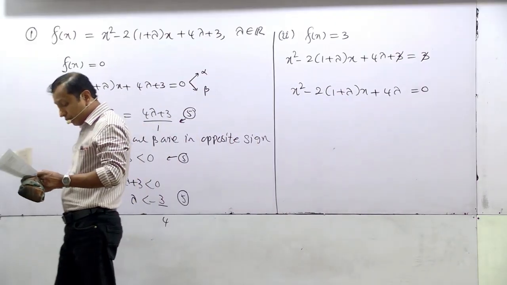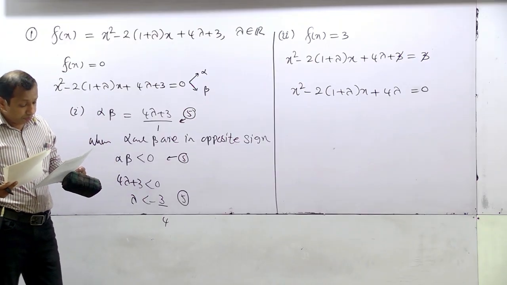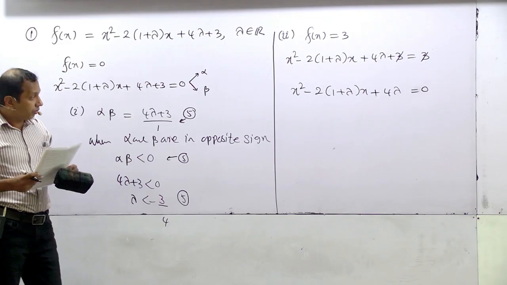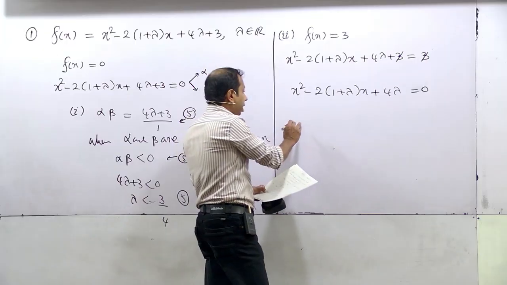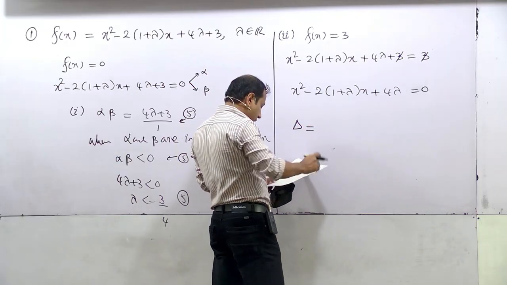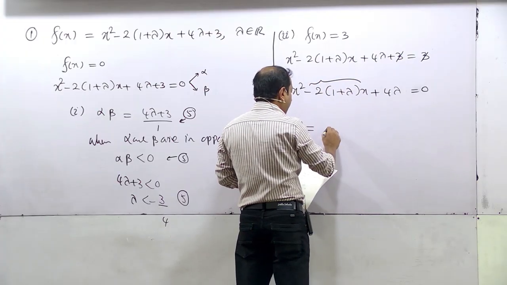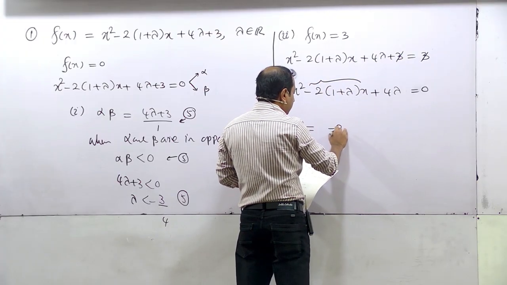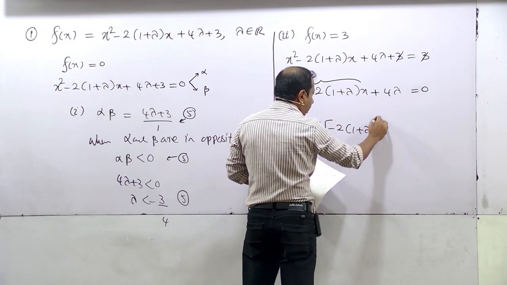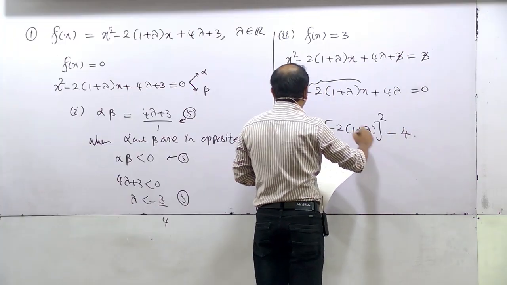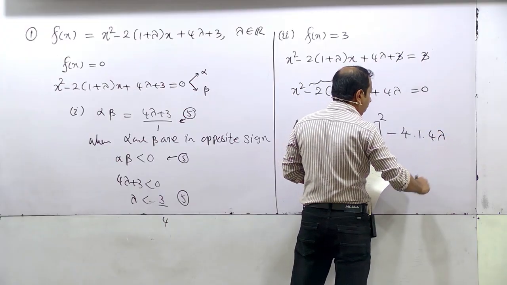We need to show that the roots of this equation are real. So we will find the delta. Delta means b squared minus 4ac, where b is minus 2(1 + lambda), a is 1, and c is 4 lambda.